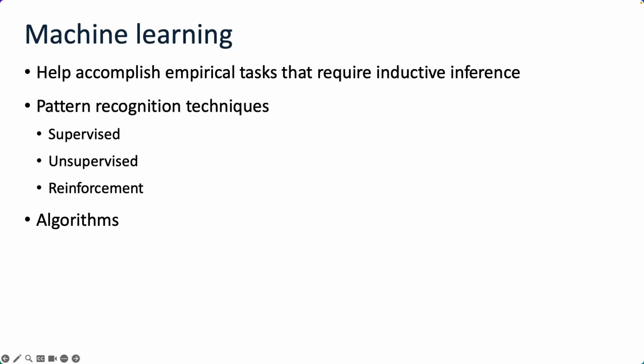But let's tie in all of this content so far that we've talked about. We know that machine learning can help us accomplish empirical tasks that require some sort of inductive inference. This task involves induction as it uses data to train algorithms to make generalizable inferences.